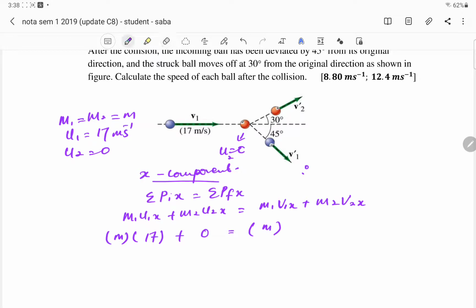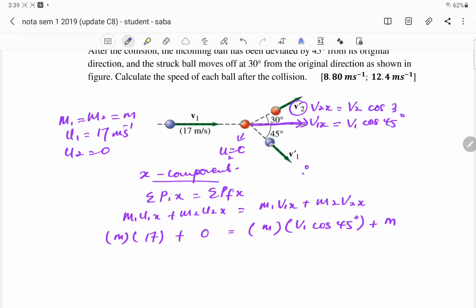Here we have v1x, where v1x is v1 cos 45 degree. So write here v1 cos 45 degree, times m. Then v2x is v2 cos 30 degree.